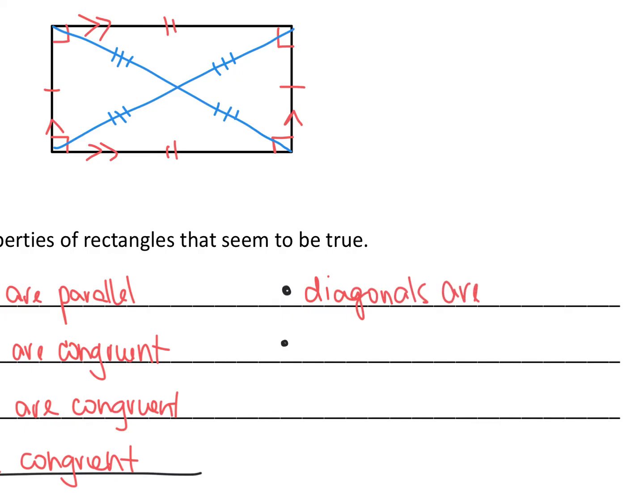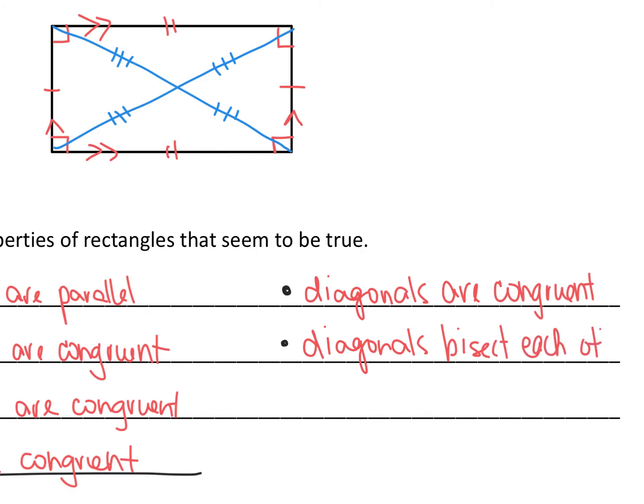We did not see that in a rhombus or a parallelogram. Okay, and then our last one, diagonals bisect each other, which we did see in a rhombus and a parallelogram. Okay, so that takes care of a rectangle.